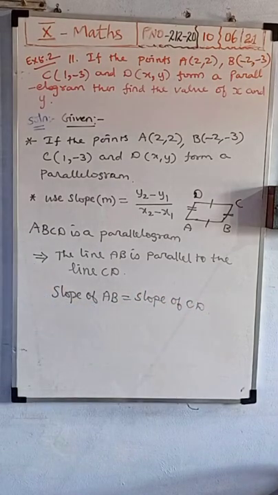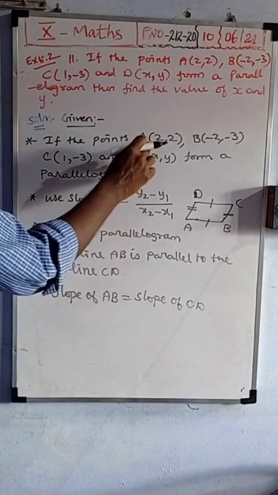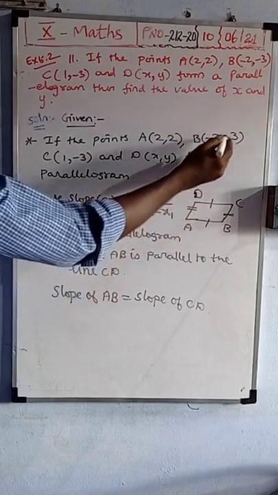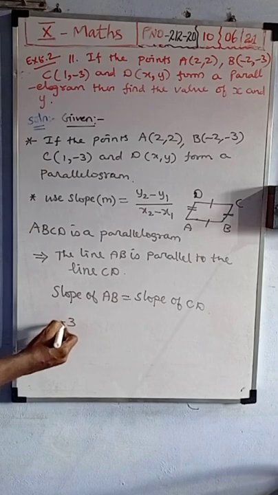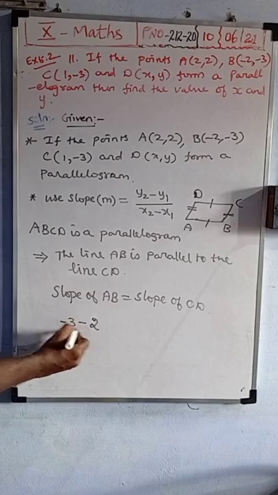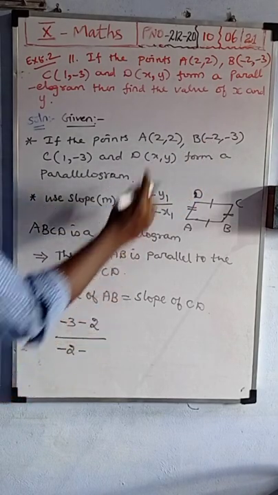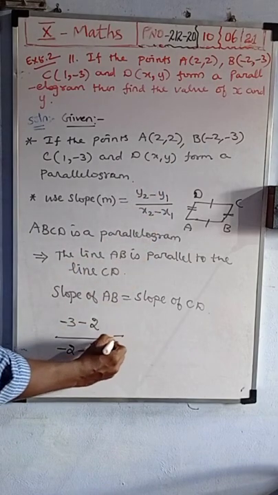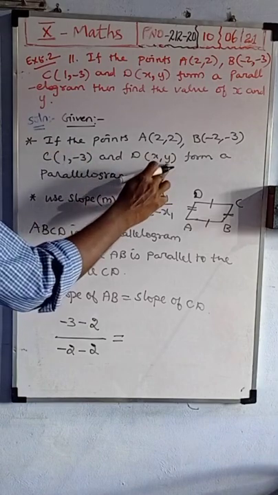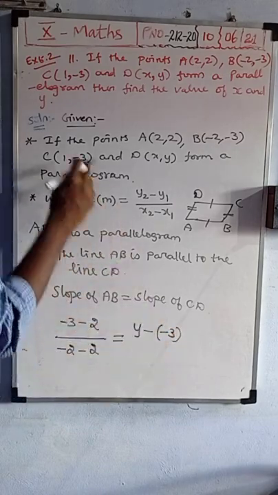So you equate both the slopes. Slope of AB: the formula is y2 minus y1 by x2 minus x1, that means minus 3 minus of minus 2, divided by x2 minus x1, 2 minus 1. This is equal to the slope of CD: y2 value is y, so y minus of minus 3, y1 value is minus 3.